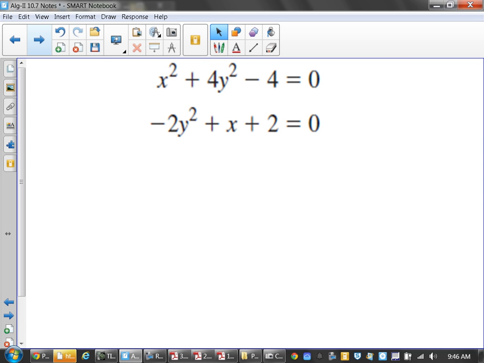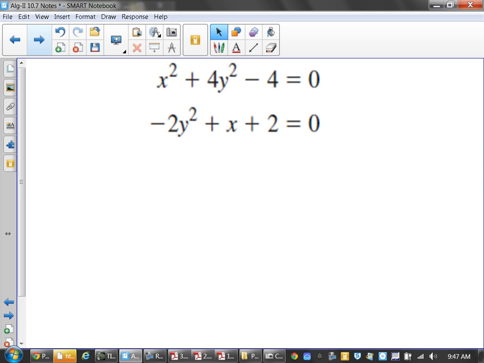It takes a second to look at the problems to decide what variable you want to get by itself to try and solve. If I'm looking at these two different equations, the top equation has x squared and y squared.